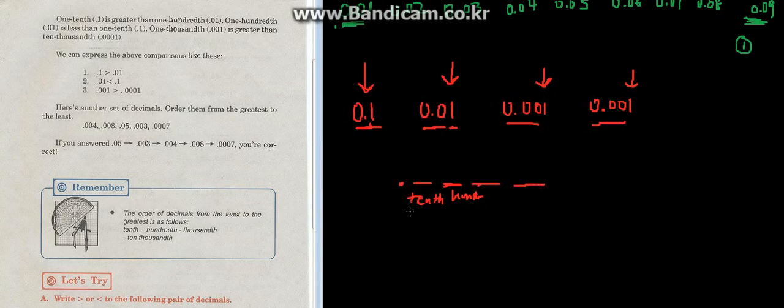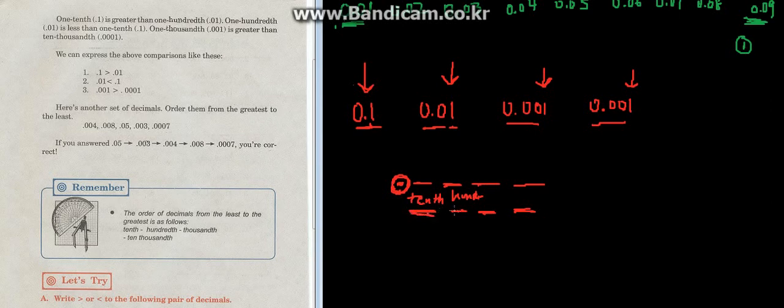So the tenth is bigger than the hundredth, and the hundredth is bigger than the thousandth, and the thousandth is bigger than the 10,000th. Basically, the place values that are closer to the decimal point in a decimal number are bigger.